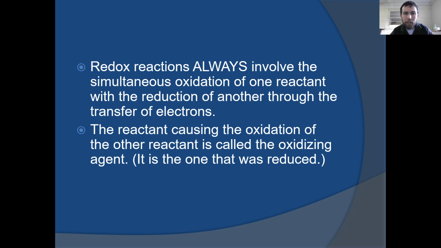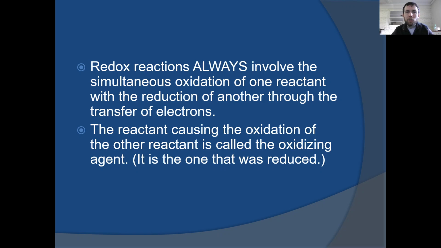Now, in a redox reaction, when you look at your reactant side, the reactant that causes the oxidation of the other reactant is called the oxidizing agent. Since it's causing the oxidation of a substance, remember, oxidation is the loss of electrons.